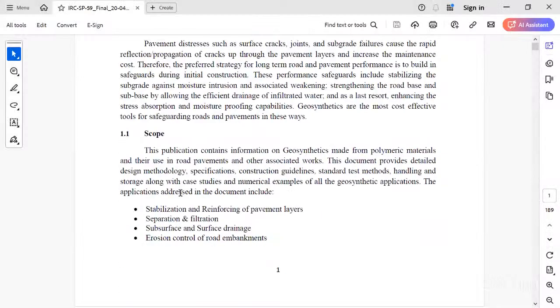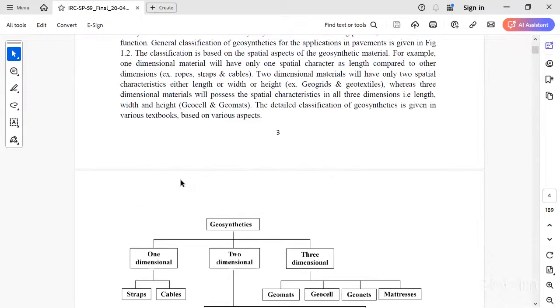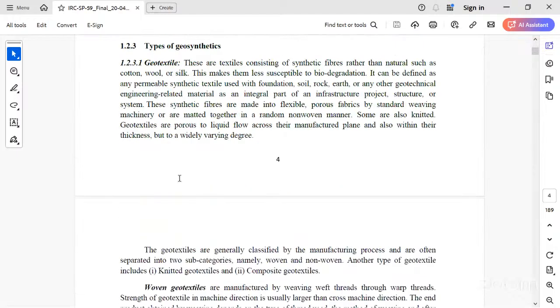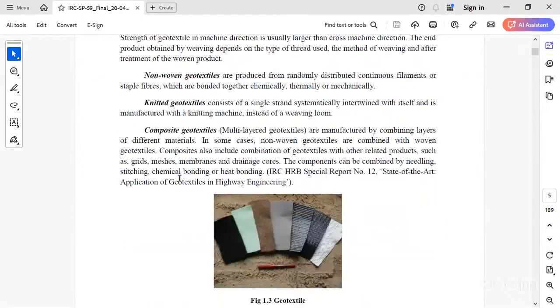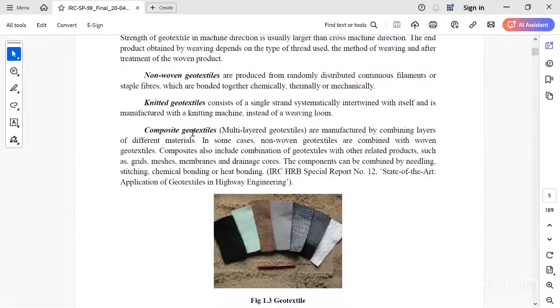I've gone back to this IRC 59 document. And here you see the woven geotextiles and then the non-woven geotextiles, right?